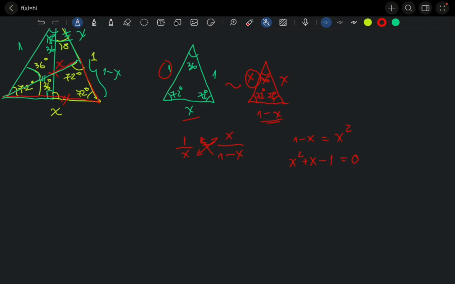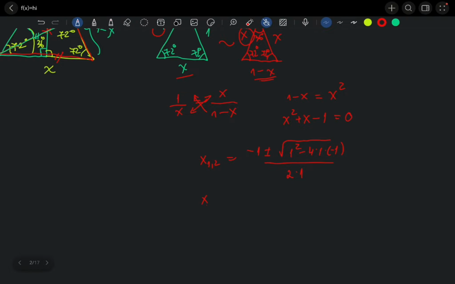We're going to use the quadratic formula, and we get that x1 and 2 will be equal to negative 1 plus or minus the square root of 1 squared minus 4 times 1 times negative 1 all over 2 times 1, which will be equal to negative 1 plus or minus the square root of 1 plus 4, which is 5, so the square root of 5 all over 2.